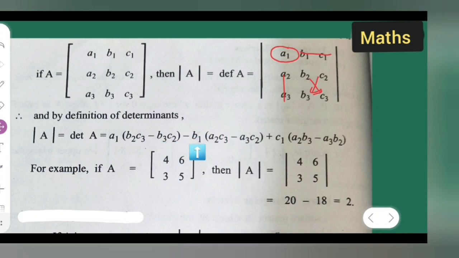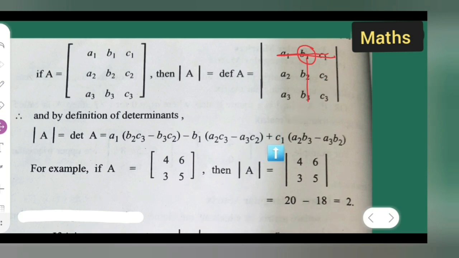Okay, next you will be taking b1. If you take b1 over here, you are not using this row and this column, so multiply a2 into c3 minus a3 into c2.